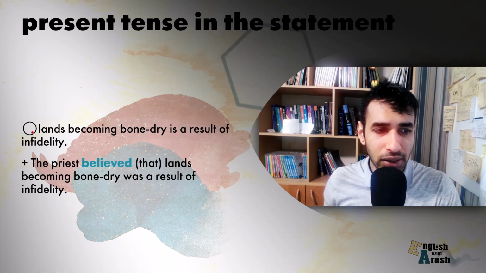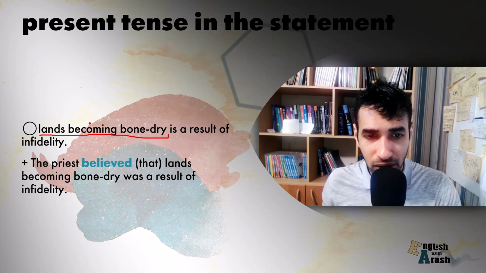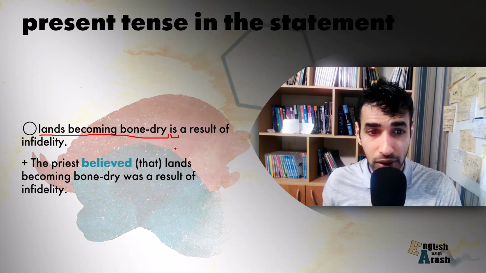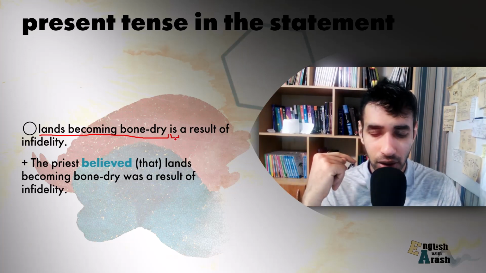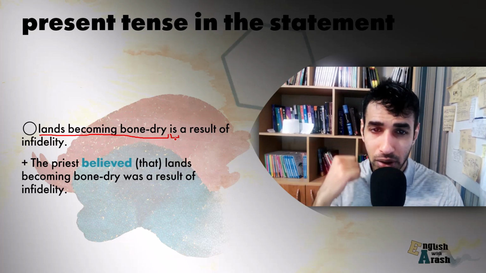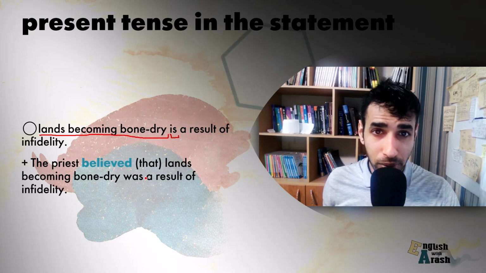Here, lands becoming bone dry is our subject, a noun phrase, and is is our verb. Now we want to report it. Lands becoming bone dry is a subject, we don't change it. Is is our verb, we change it to was, one step in the past. The priest believed that, and that is omittable with irregular reporting verbs.